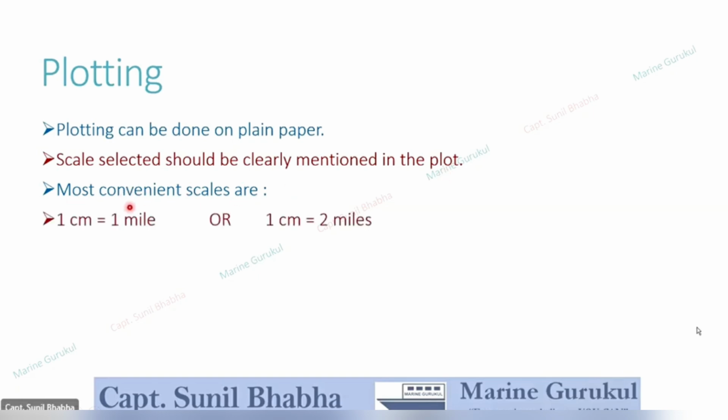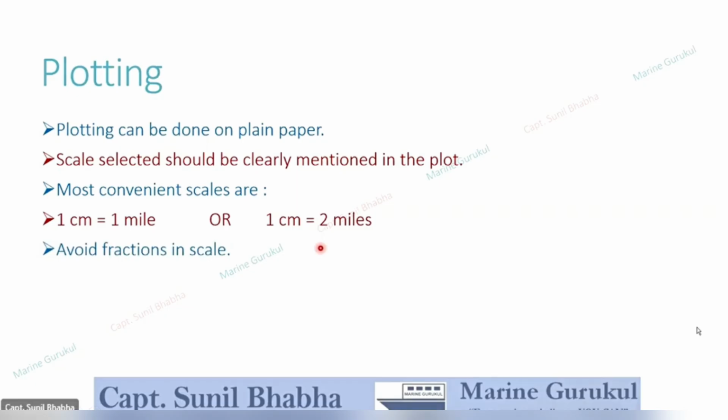Most convenient scales to use are 1 centimeter is equal to 1 mile, or if the plot is big and the diagram is not fitting on our answer sheet, then it can be made smaller by taking a scale of 1 centimeter is equal to 2 nautical miles. Most of the questions you will be able to solve using these two scales.